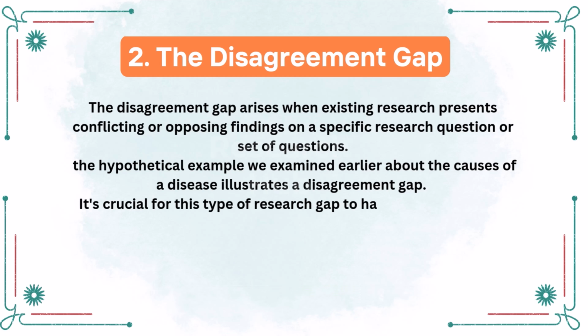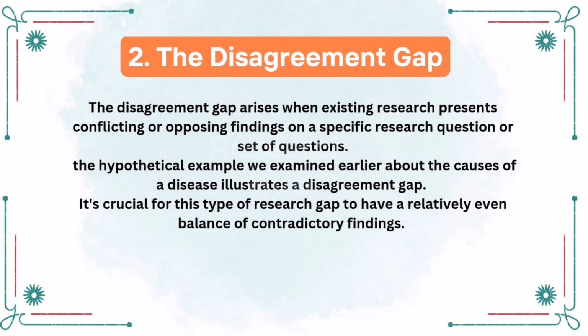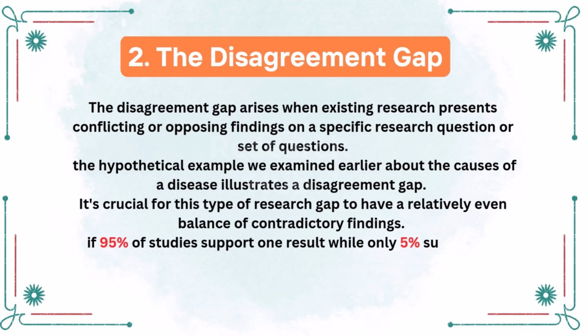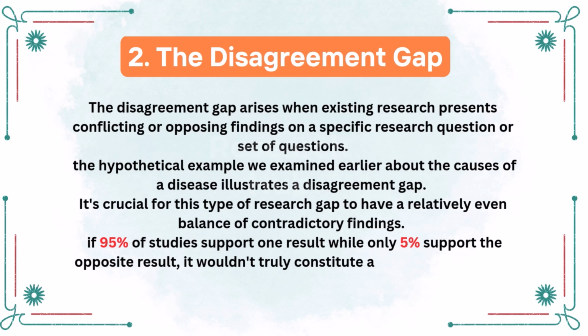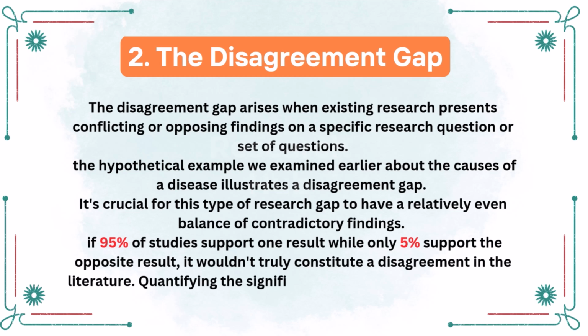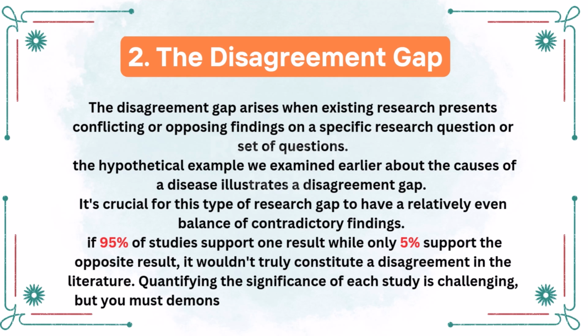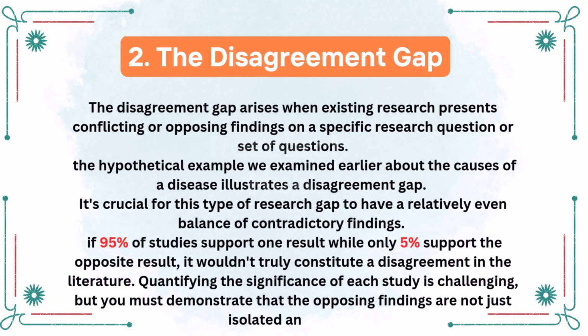Importantly, for this type of research gap, there needs to be a relatively balanced set of opposing findings. In other words, a situation where 95% of studies find one result and 5% find the opposite result wouldn't quite constitute a disagreement in the literature. Of course, it's hard to quantify exactly how much weight to give to each study, but you'll need to at least show that the opposing findings aren't simply a corner case anomaly.